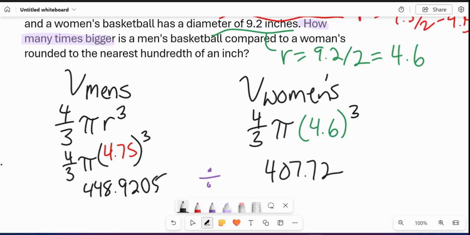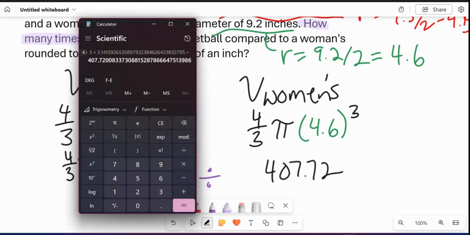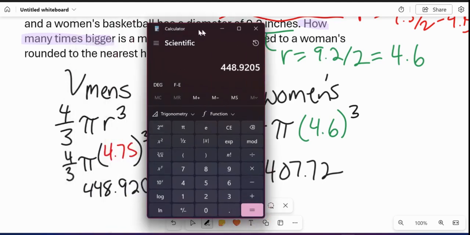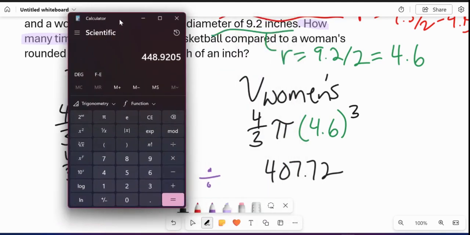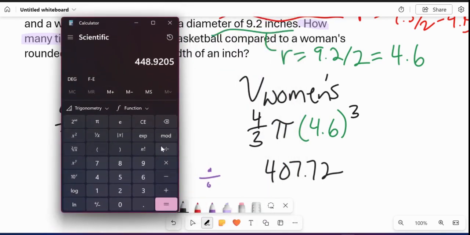So 448.9205. All right, did I write that down correctly? 9205. Yep. Divided by 407.72 is about 1.1. I'm going to round it to the nearest tenth.